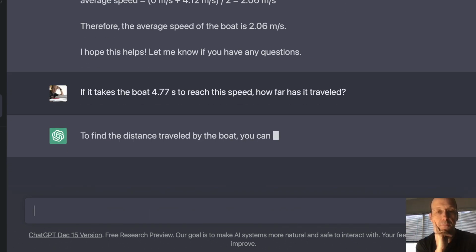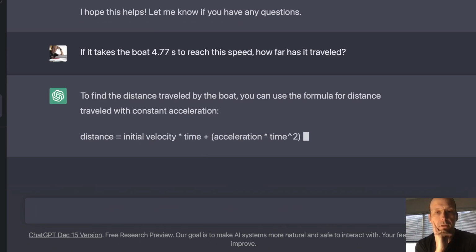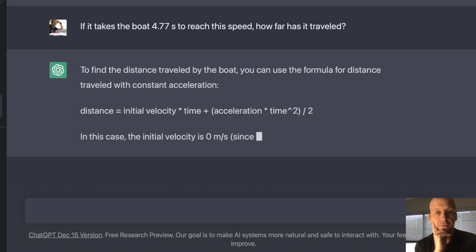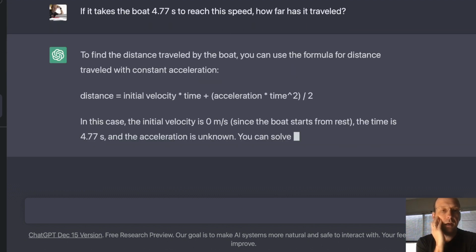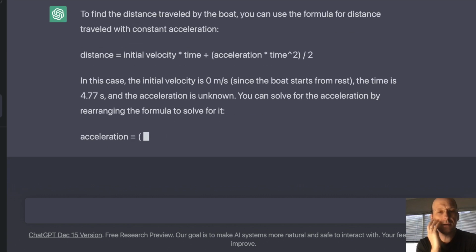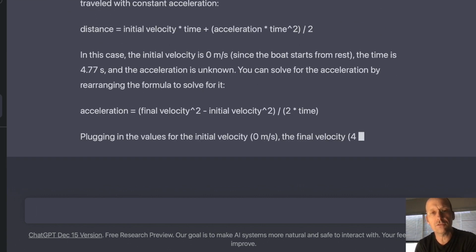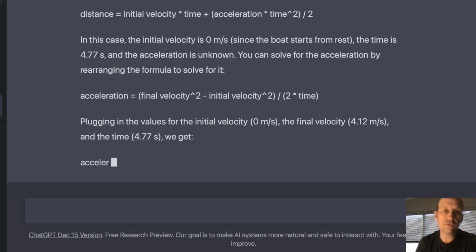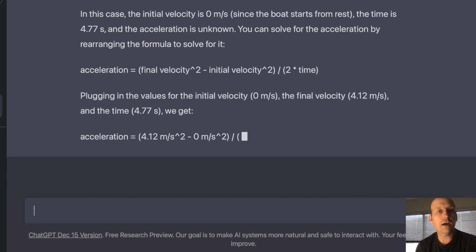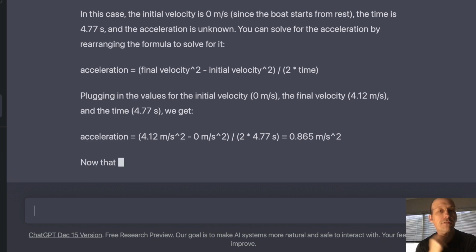To find the distance of the boat, you can use the formula for the distance traveled with constant acceleration. Distance is the initial velocity times time plus one half acceleration times time squared, 1/2 a t squared. Oh, I don't like that. In this case, initial velocity is 0. Okay, fine. And you can solve for the acceleration.